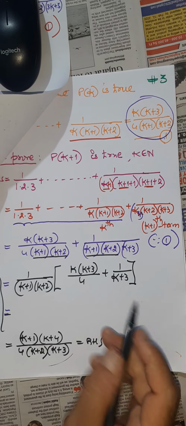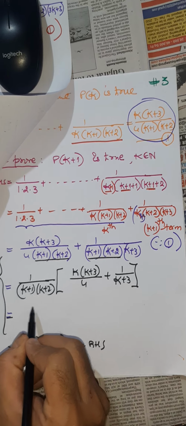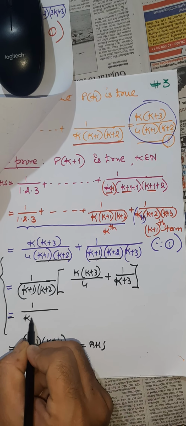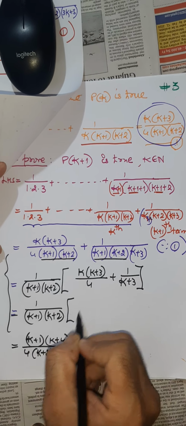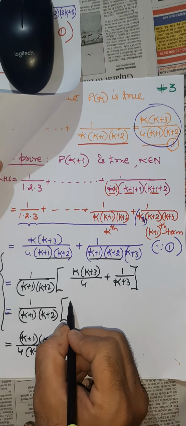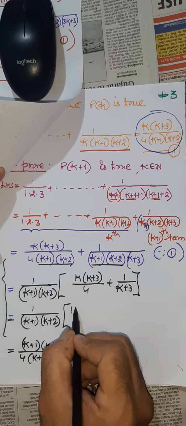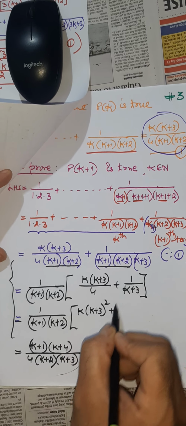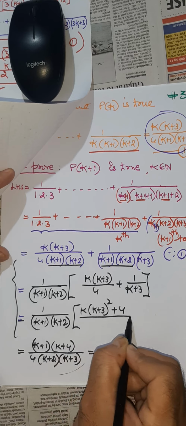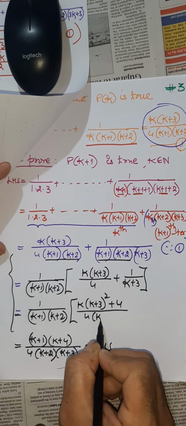Okay. So let me simplify here. K plus 1 into k plus 2. Here you have whole square. So k into k plus 3 whole square plus 4 upon 4 into k plus 3.